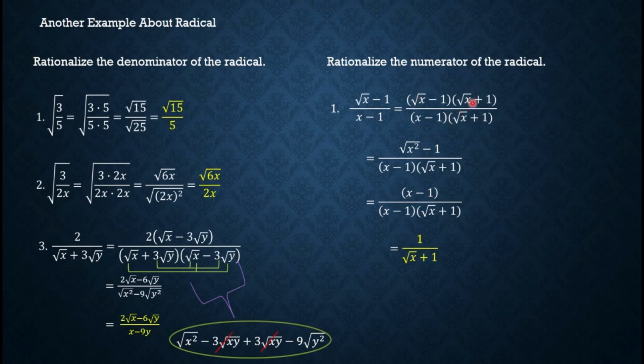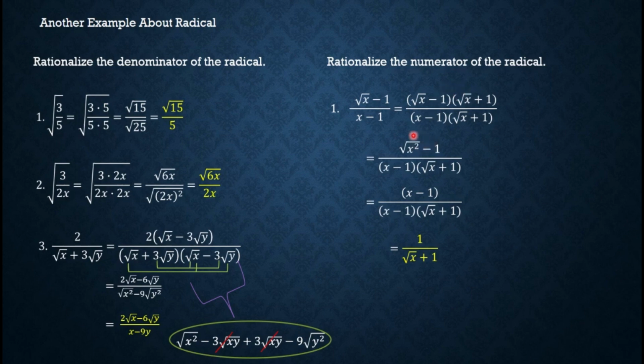Square root of x times the square root of x is equal to square root of x squared. Then negative 1 times positive 1 is equal to negative 1. And then square root of x times 1 is square root of x. Negative 1 times square root of x, negative square root of x, so it becomes 0.